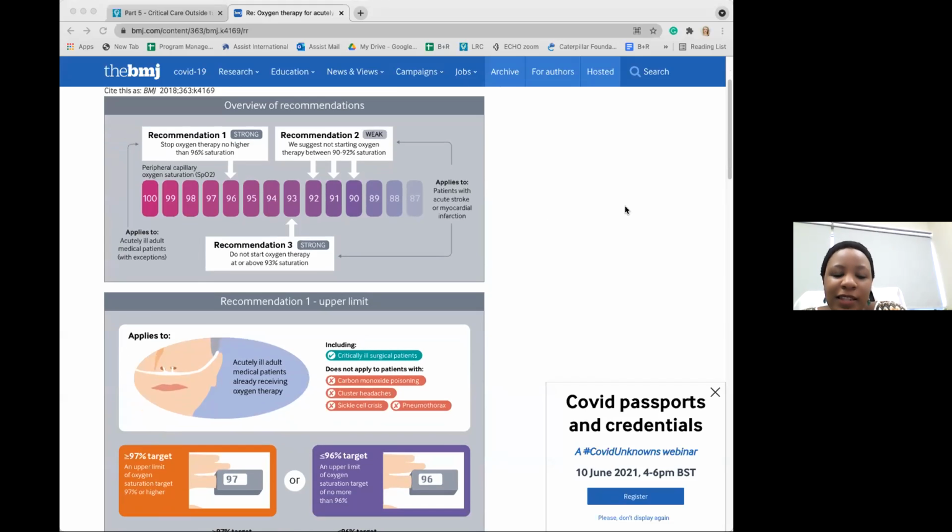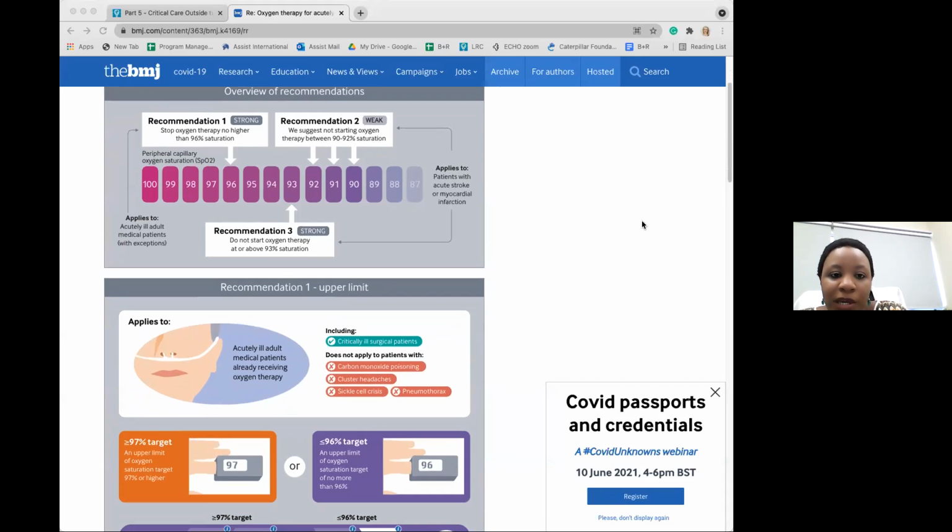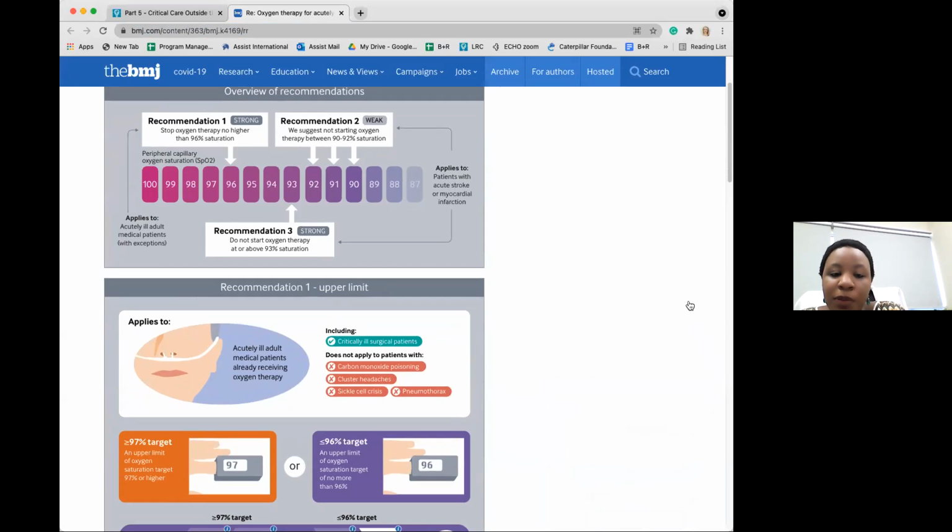However, then there is another subpopulation of patients with coronary syndromes, patients with acute strokes, patients with acute MIs. For these patients, the recommendation is that you do not initiate oxygen therapy unless the SpO2 is below 90. So your target is 90% SpO2. In this recommendation, there were two sub-recommendations.